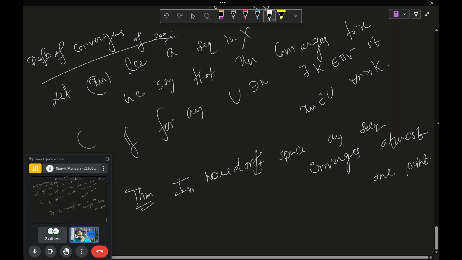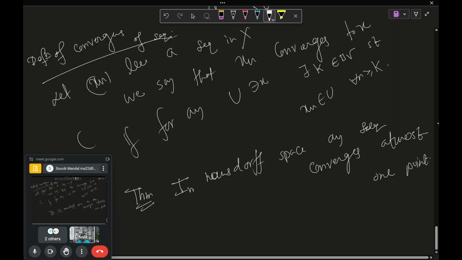How to do it? Suppose it converges to two points x and y. We can find two disjoint open sets, but the sequence cannot be in two disjoint open sets at the same time.